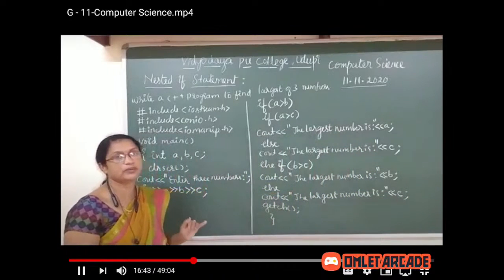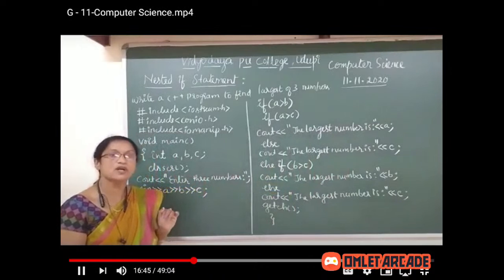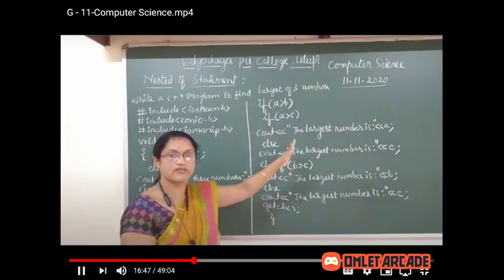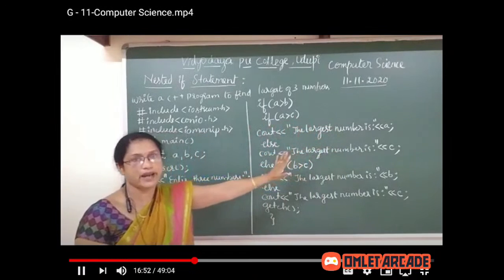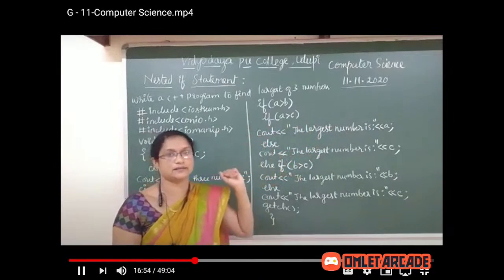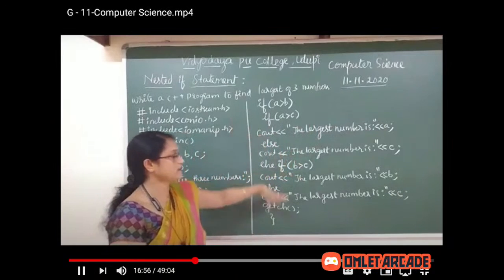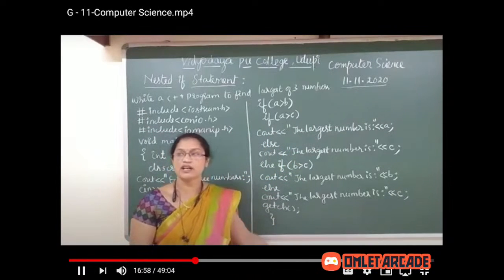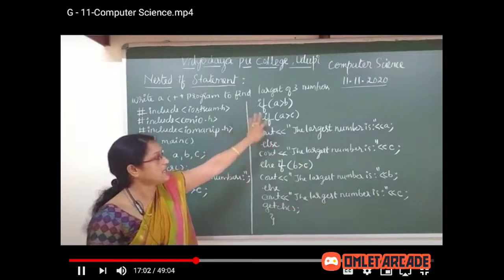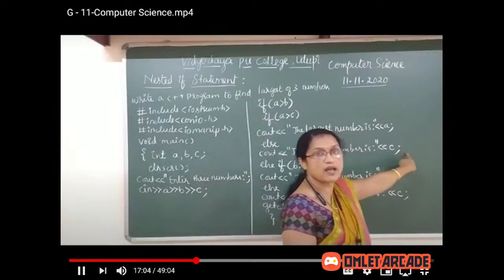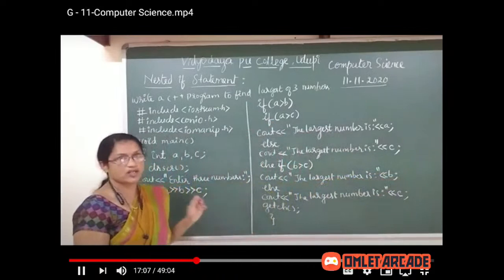Again you get confused about where to open and where to close while writing the program, so there is no need to write the flower brackets because these are single statements, right? Directly you can write, the compiler can understand. So you can run the program directly without using flower brackets. If you want to put flower brackets, then one is here and should be closed here based on the syntax. Check your syntax.